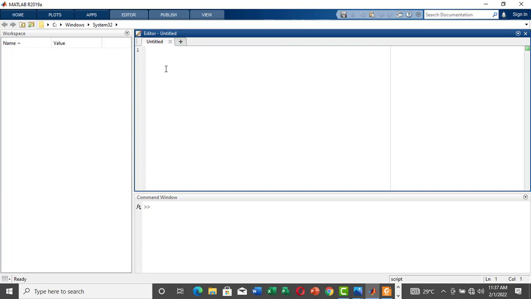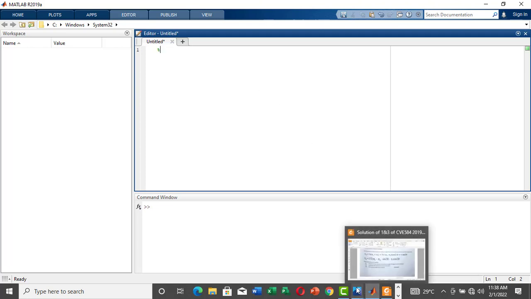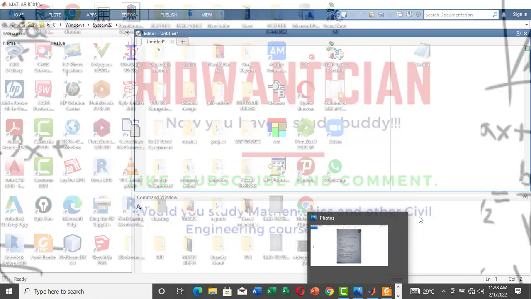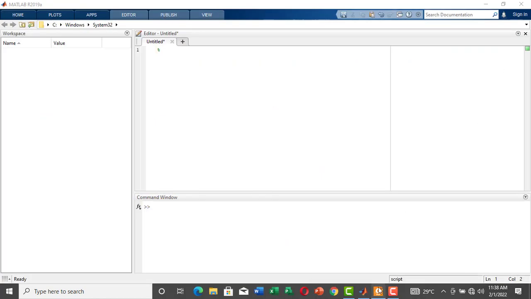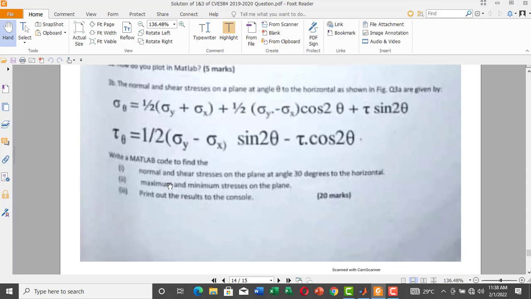In Visual Basic we use the single quotation, but in Matlab what you need is the percentage sign. So right now we want to determine the normal and shear stresses at 30 degrees.